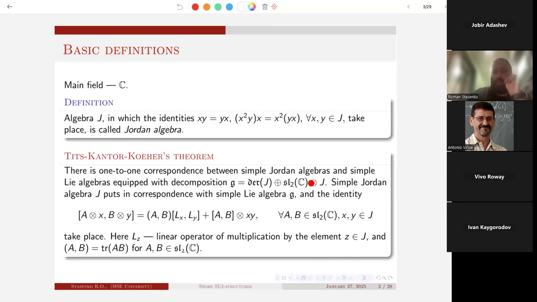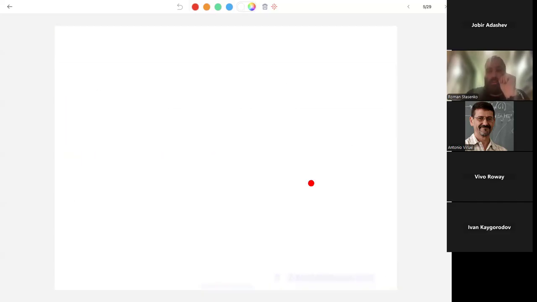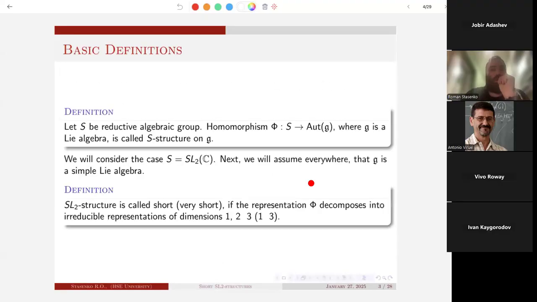So the first work on the Tits-Kantor-Koecher theorem side was made, as I know, by Ernest Vinberg in his 2005 work, SO3 structures and quasi-elliptic planes, and lately, different kinds of structure were investigated by other authors.